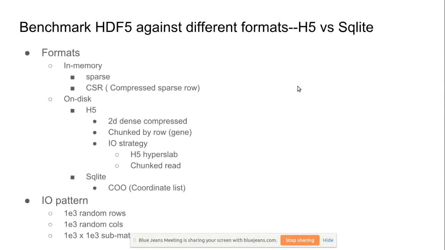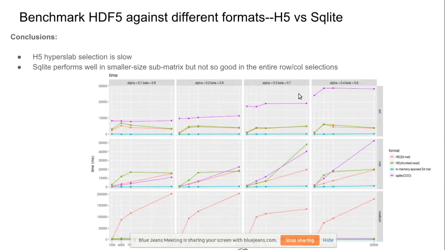And for the I/O access pattern, we try to mimic every kind of upstream data package mentioned previously, boiled down to three kinds of access pattern: row-wise, column-wise, and random slicing through both the row and the column. So here is the actual plot. As we can see, the default H5 hyperslab selection is pretty slow.